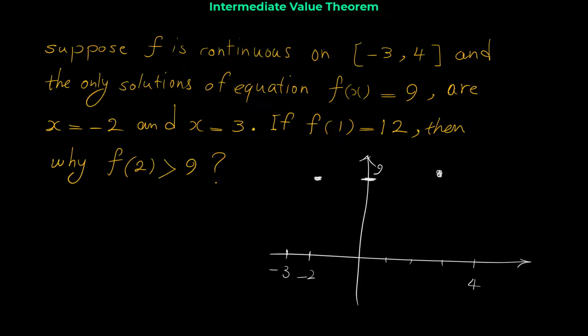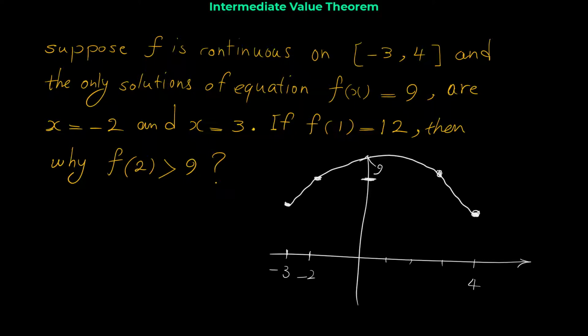So f of x passes through these 2 points, and at no other points does it pass through y equals 9. So the only solutions to the equation f of x equals 9 are -2 and 3. So we can imagine something like this. For example, we start from here, going up, then going down, and let's say we stop here.